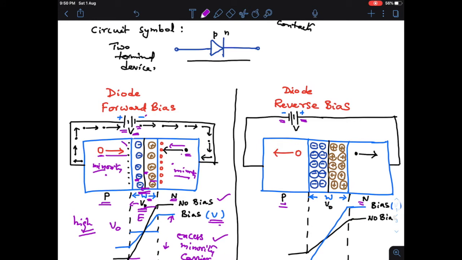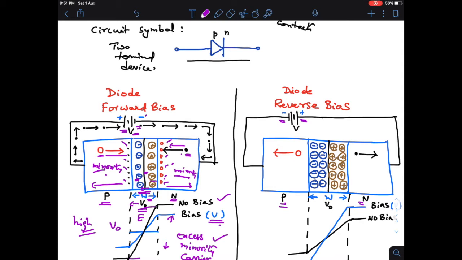Now these are the minority carriers. So in P side, electrons near the junction, in N side, holes near the junction. These are the minority carriers. Now, this concentration will be moving towards the other end of the junction, and these will be moving to the other end of the junction, that means away from the junction, and that constitutes the current.